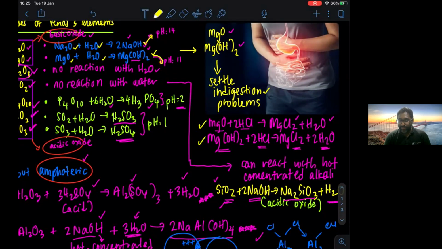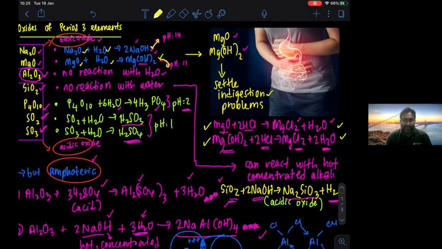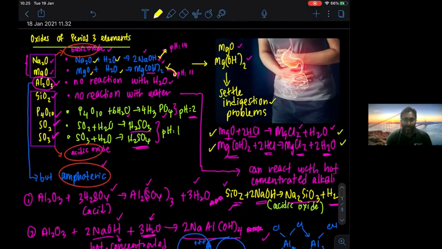This is the reaction involved. It will give you the salt and water. It's a neutralization reaction. So sodium oxide and magnesium oxide we call basic oxides, because metal oxides are generally basic oxides. They react with acid.